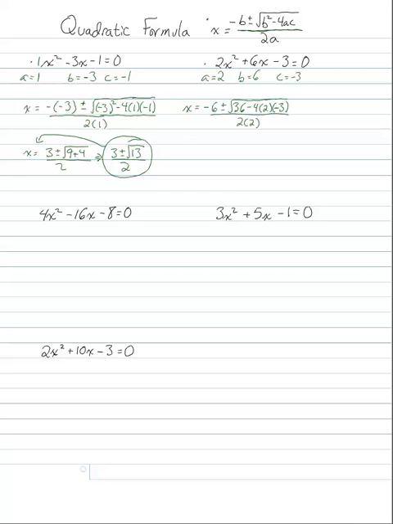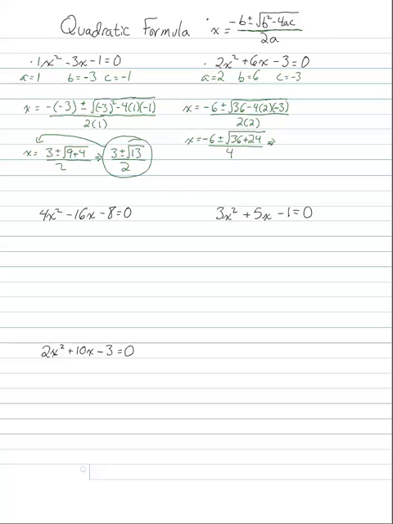So x is going to equal negative 6 plus or minus the square root of 36 minus 4 times 2, which is minus 8, times a negative 3, which will be plus 24, over 2 times 2, which is 4.